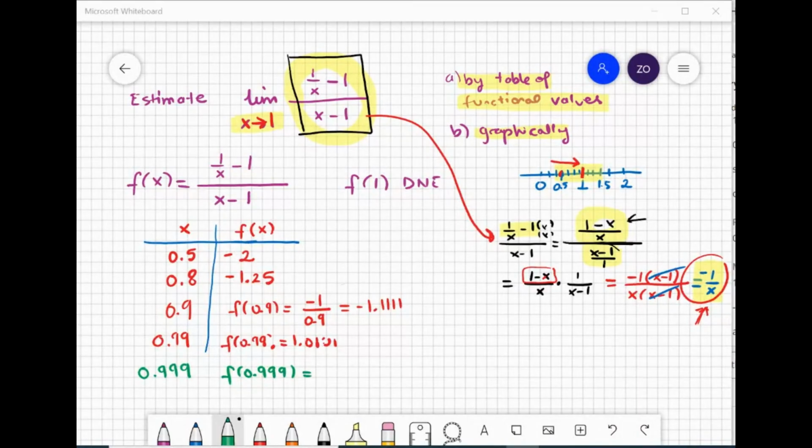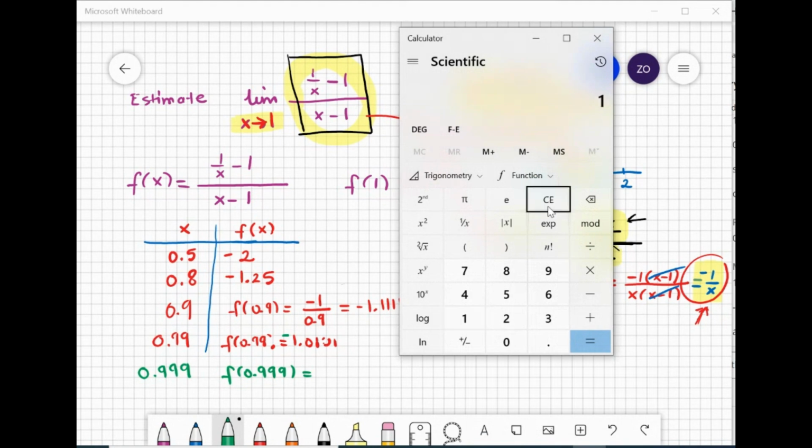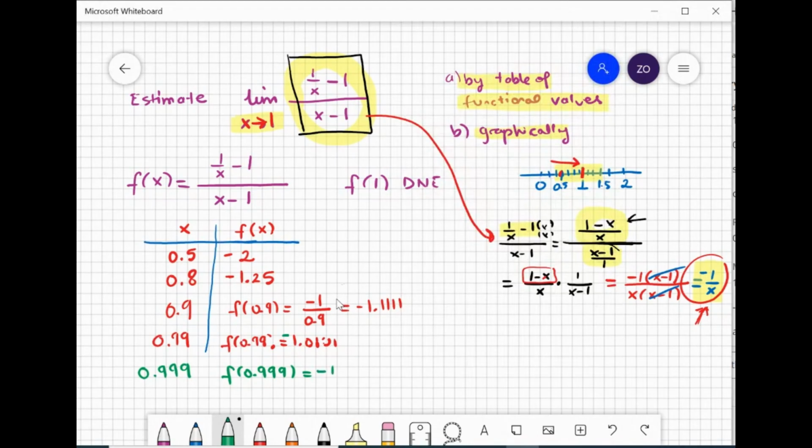So when you divide, well, in fact, this was also negative. So it's supposed to be negative. So 1, okay, let me clean it. 1 over 0.999 will give us 1.001001 and so on. Negative 1.001.